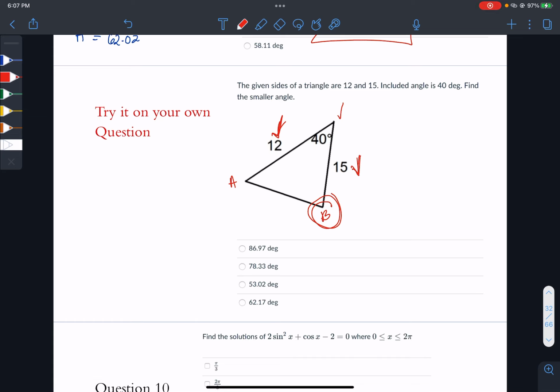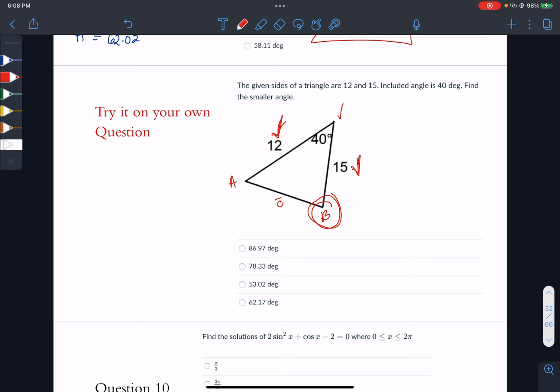But can we get angle B right away? We can get, let's say this is side C. So I can get side C, and then afterwards, once I have side C, I can use the law of sines, right?